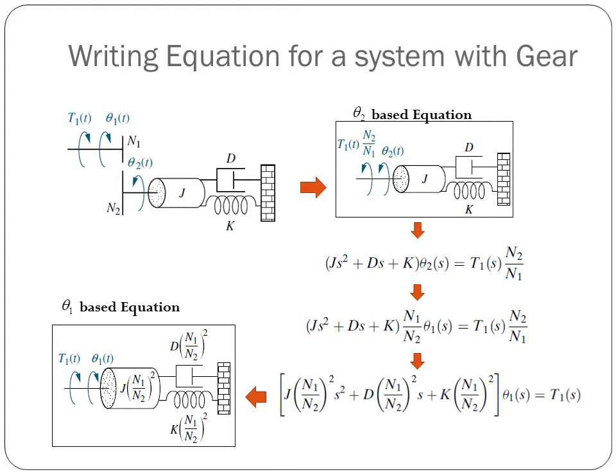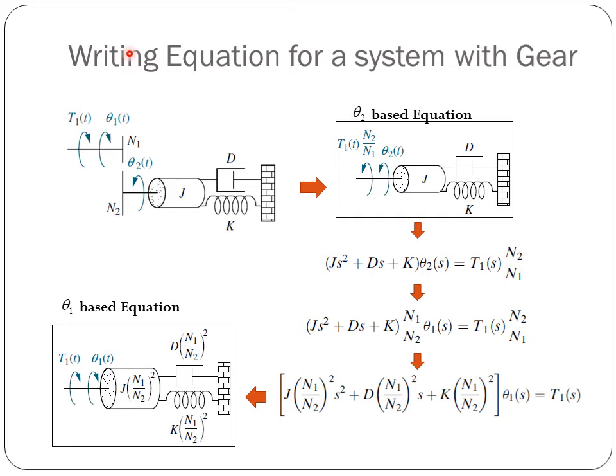You either write the equation for theta 2 or for theta 1, but not both of them, because if you write theta 2, you can transfer this equation into the equation of theta 1 and vice versa. So basically both equations are the same. You write the equation based on theta 2 or theta 1, and then you can convert theta 1 into theta 2 or theta 2 into theta 1 as you like.